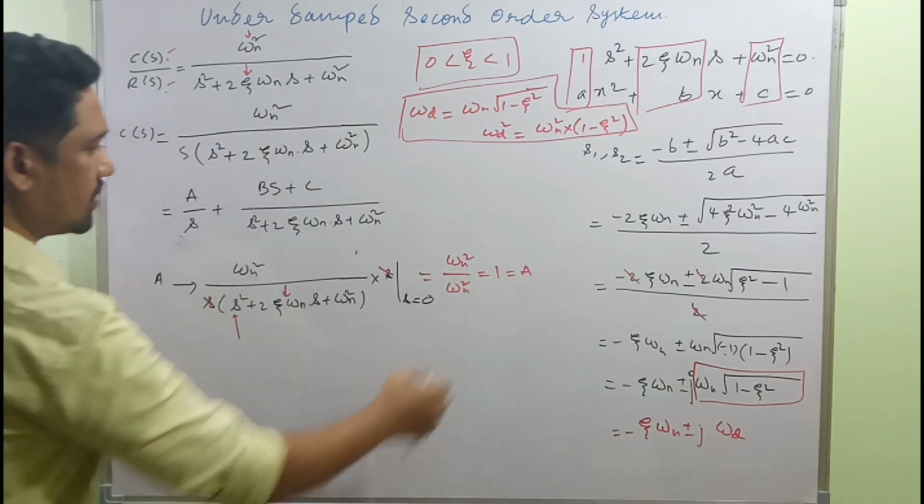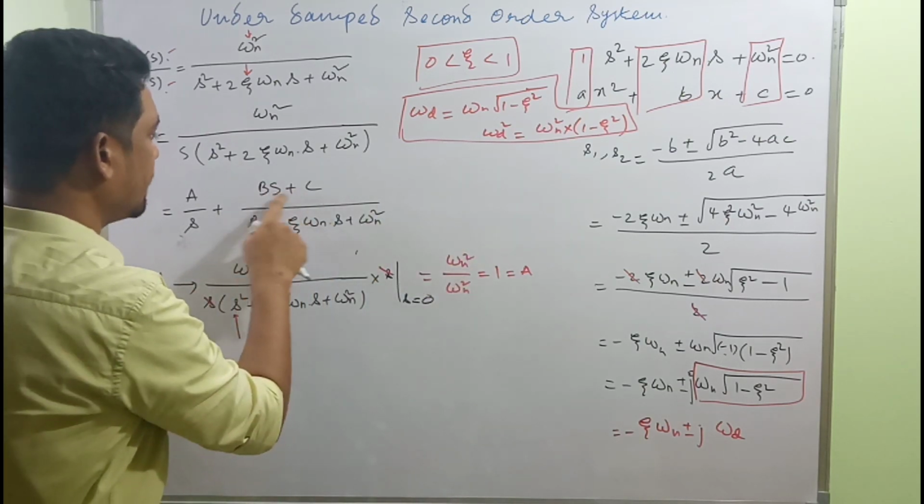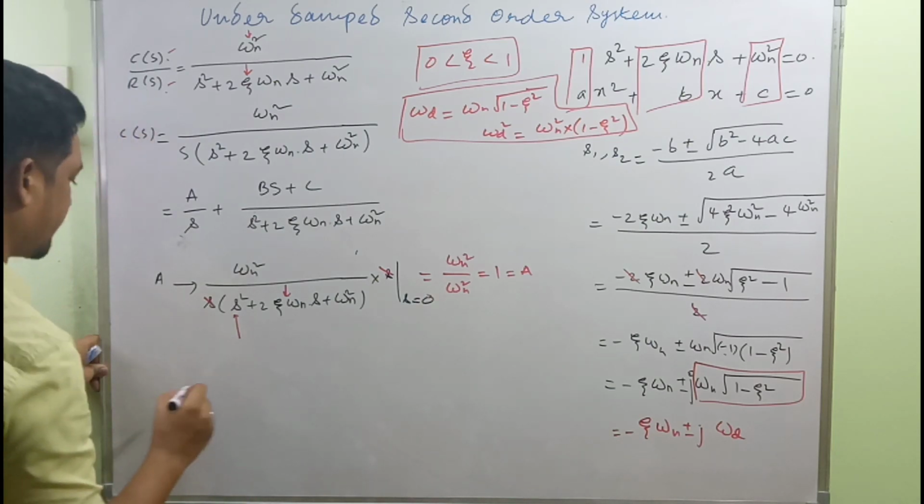So plugging in the value of A will help us to evaluate the values of B and C in a single shot. That's how to write that one here.